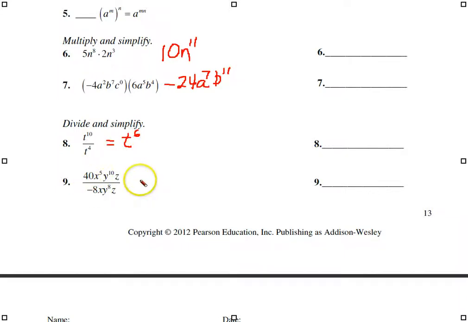So here we're going to divide, watching the signs. 8 goes in the 40 5 times. x, bring up the 1, that becomes a 4. y to the 2nd, and the z's cancel out. Now notice what would happen there. You'd have z to the 1 minus 1. As you bring the 1 up from there, that makes it z to the 0 power. And as we said, anything to the 0 power is 1. We don't write it.